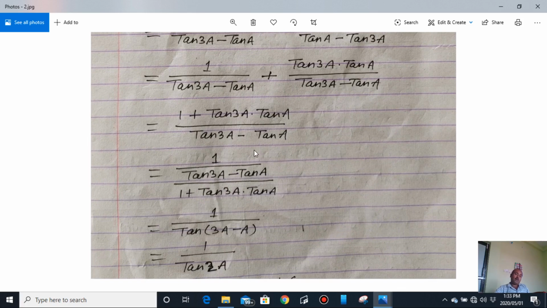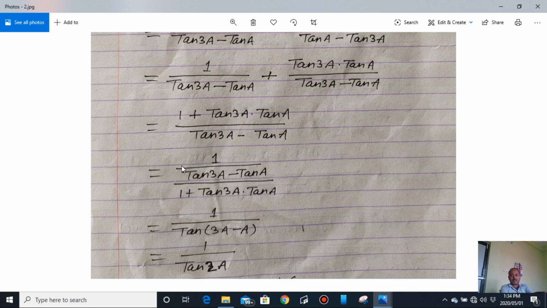So now the numerator, you take it down to the third step. So it will be 1 by tan 3a minus tan a. This top will come down, bottom: 1 plus tan 3a into tan a. So this portion, denominator, 2 steps, it attracts one formula.